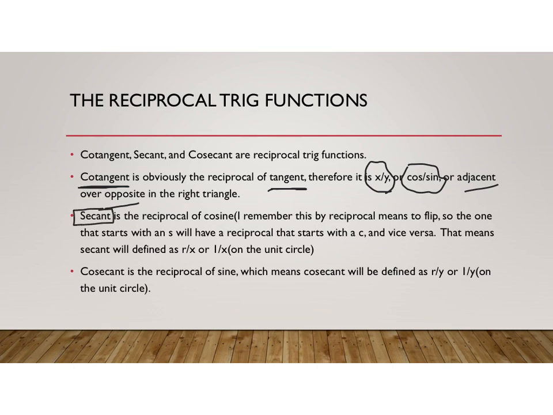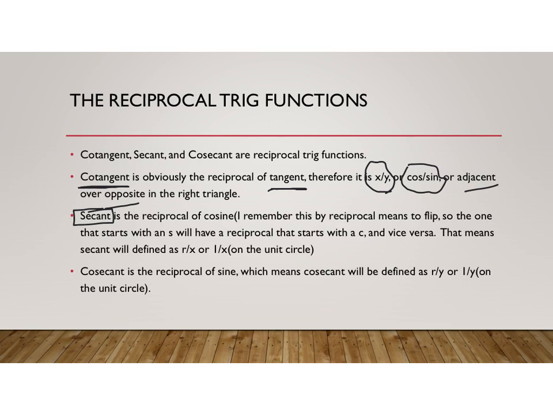Secant, then, is the reciprocal of cosine. How I remember this is that reciprocal means to flip. So we've got secant, cosecant, cosine, and sine. Some start with a C, some start with an S. Because we flip them, the one that starts with an S will have a reciprocal that starts with a C, and vice versa. So that means the reciprocal of secant is cosine.